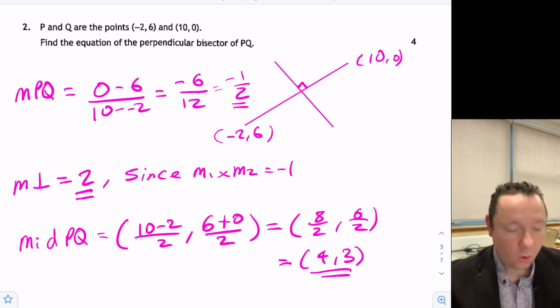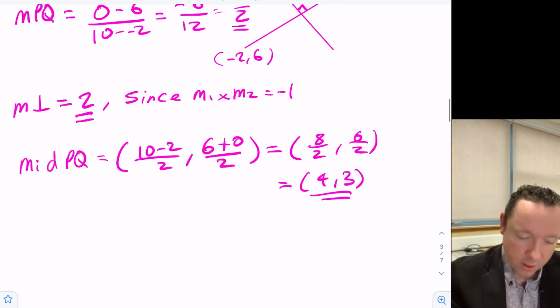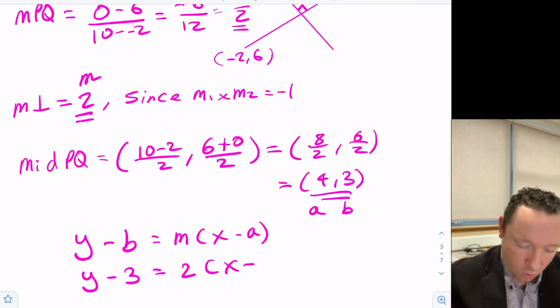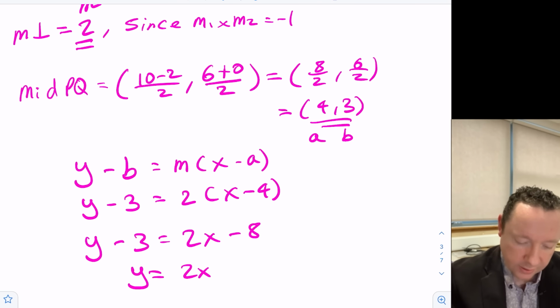So we've now got our point and our gradient, so we can use y minus b equals m(x minus a), where that's our a and b, and that's our m. So we've got y minus 3 is 2(x minus 4). y minus 3 equals 2x minus 8. So y is 2x minus 8 add 3, which is minus 5.